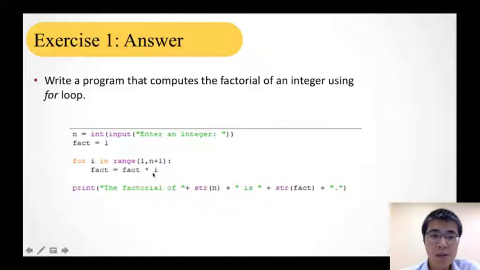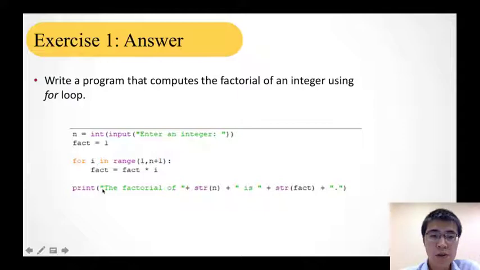And you multiply factorial by i. So at the end, what you have is the product from 1 to n. That's exactly the value of a factorial for that integer.